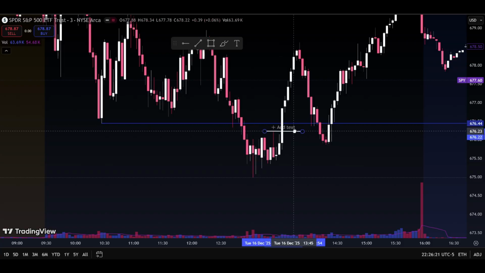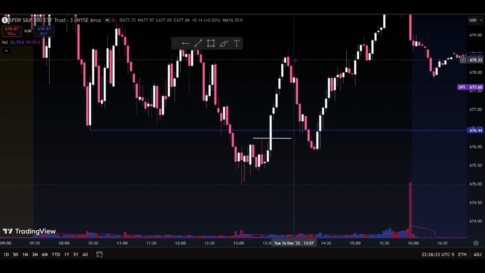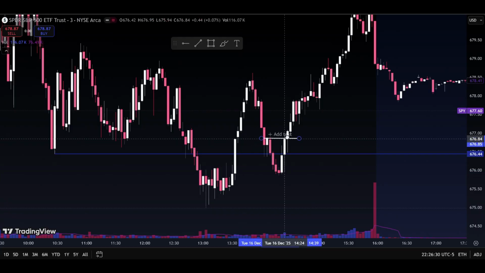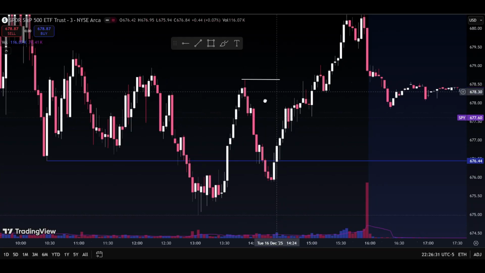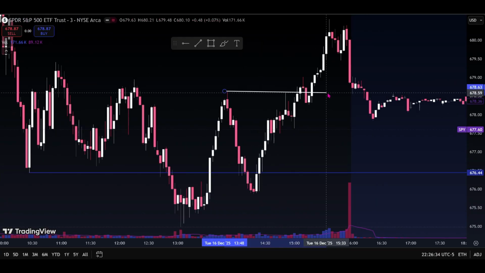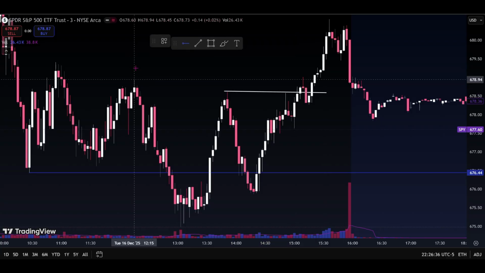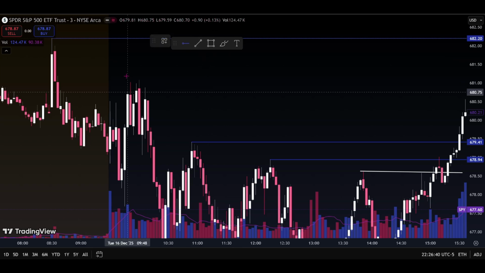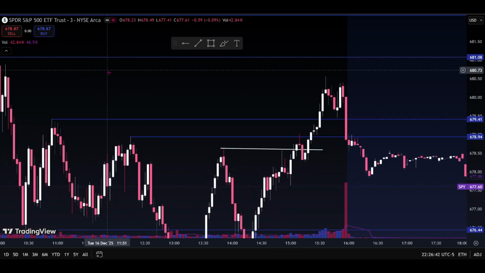This breaker structure to the upside was perfect. You get that continuation, no problem with it. Easy peasy. But when you start to get into here, this is where it gets tricky, where you close above here because now you have this level of resistance, this level of resistance, and this level of resistance.